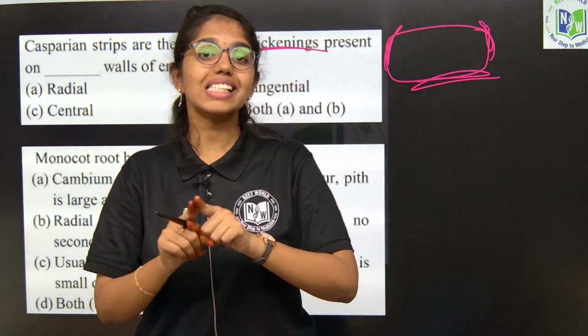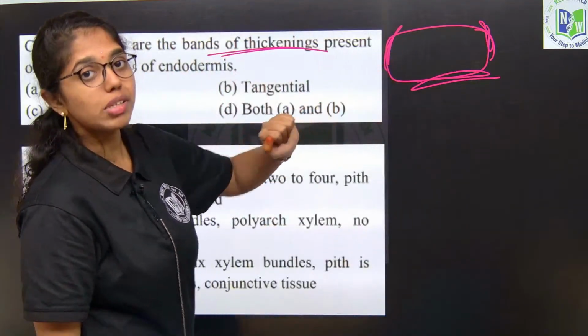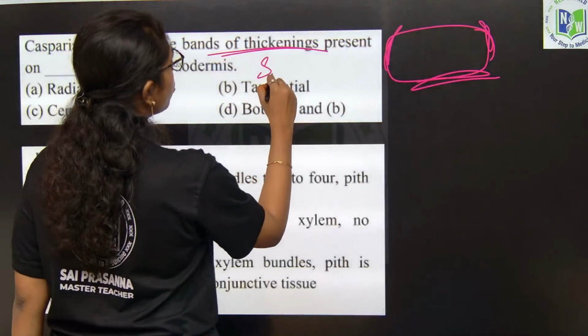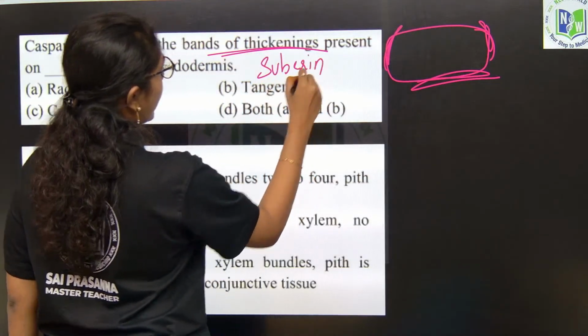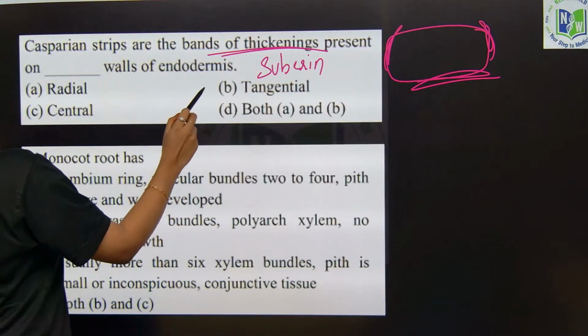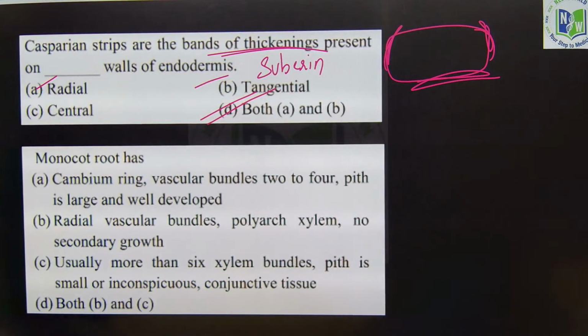Endodermis is the last layer of the cortex, last cortical layer. So, this endodermis is having what? Radial and tangential thickenings of suberin. Suberin depositions in both radial and tangential walls. So, here option A and B, both are right. Option D is the right answer.